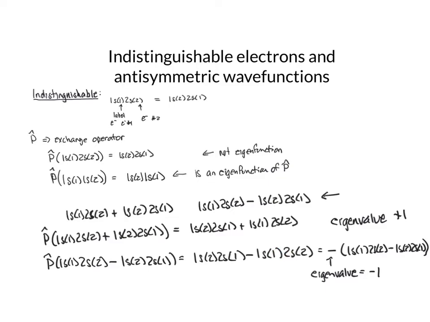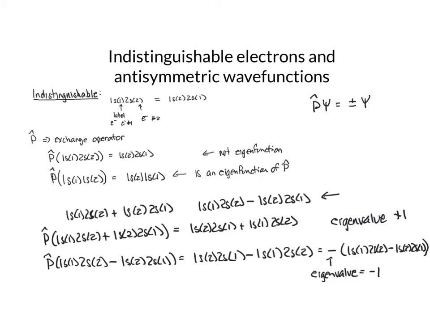And so if I factor a minus sign out of that, then I can see that this wave function is the negative of my original wave function, and so the eigenvalue for that is -1. So in order to make sure that wave functions are indistinguishable, we have to make sure that when we operate the exchange operator on our wave function, we get either plus or minus the wave function back again.